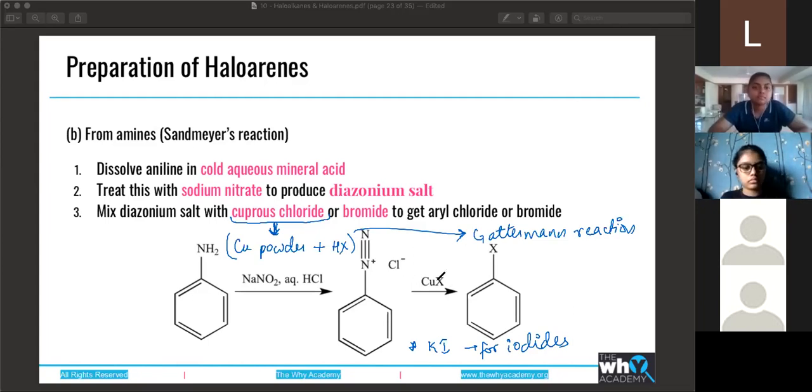Before that, everything remains the same. You need to get to this diazonium salt, and you can see that it's made of a cation and anion, right? So you can't store a diazonium salt; you need to prepare it immediately, and then you can do this.